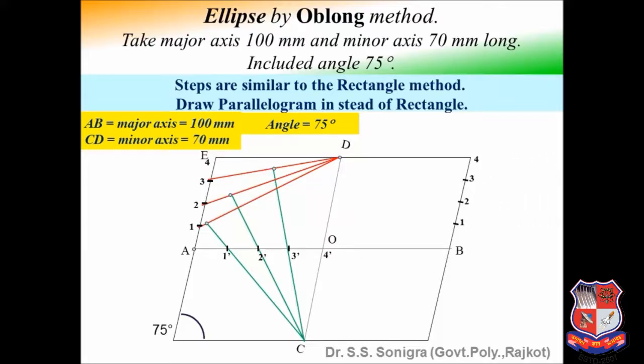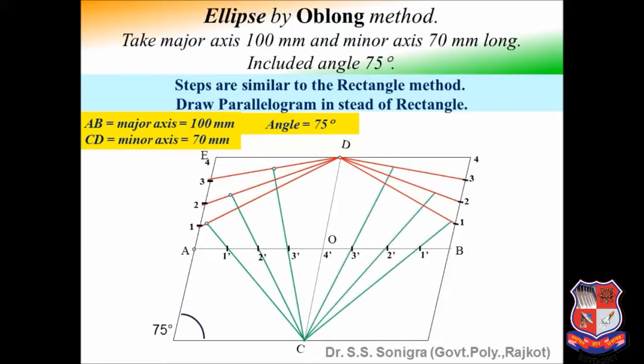This is D4, D, and again on the right side also do the same exercise. D3, D2, D1 and C1', C2' and C3'. The intersections of C1' and D1 give again 3 points as shown over here.